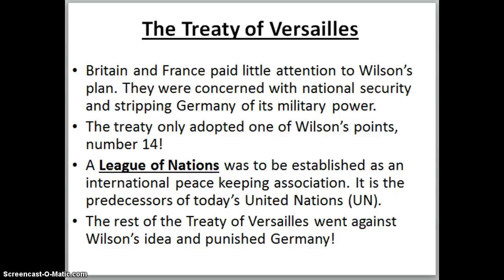It's a League of Nations that was going to be established as an international peacekeeping association. It is the predecessor of today's United Nations. The rest of the Treaty of Versailles went against Wilson's idea for peace, and it's going to punish Germany.